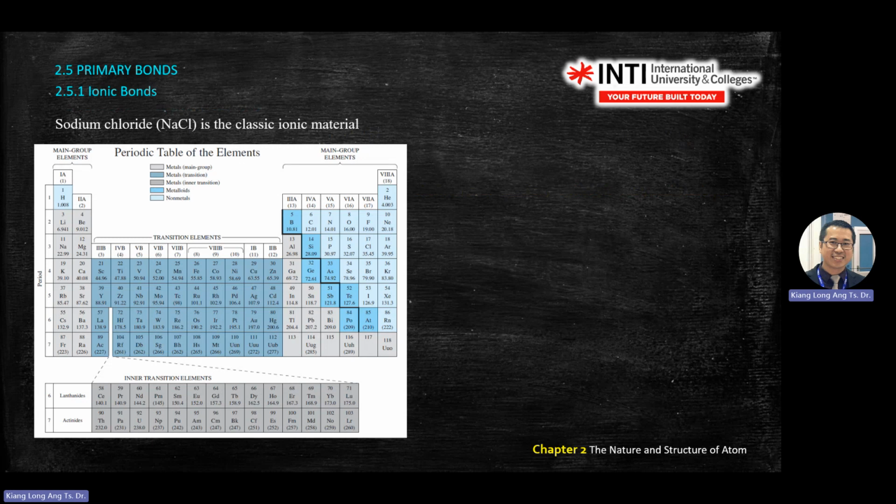The rest is just exercise. For example, NaCl, natrium, sodium chloride. You find out in the periodic table, Na here, Cl here, same, SPDF, you draw, then you draw the arrow. So it will tell you whether natrium will contribute 1 electron.